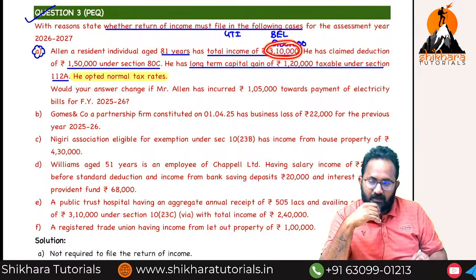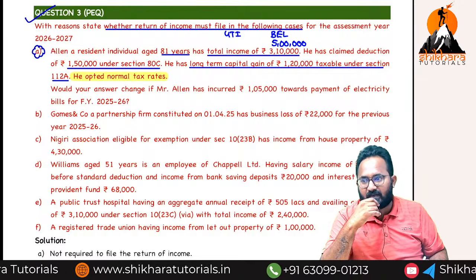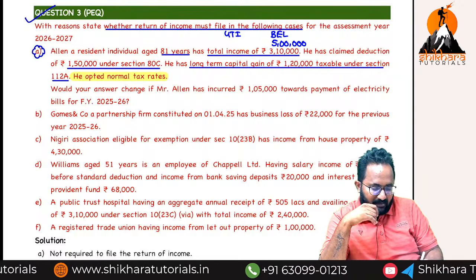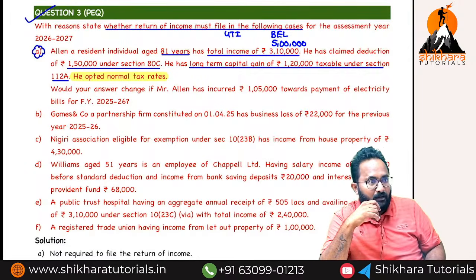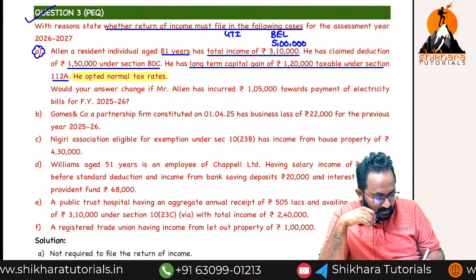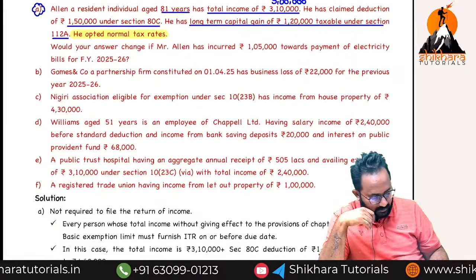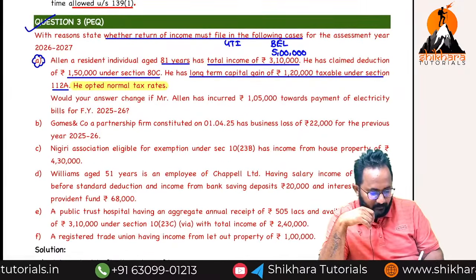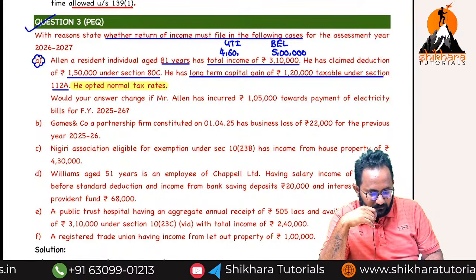Total income they given after removing 1,50,000 is 3,10,000. So if I add the chapter 6A deductions to this total income, I will get the gross total income. How much? 4 lakh 60,000.